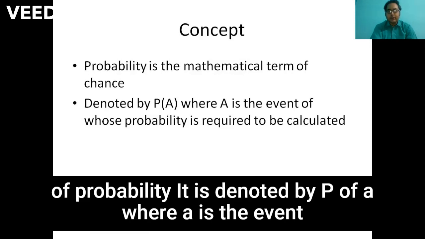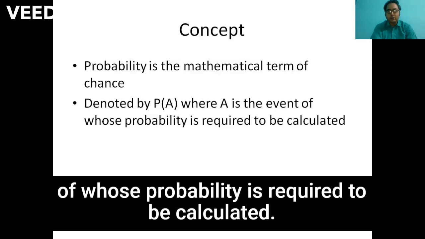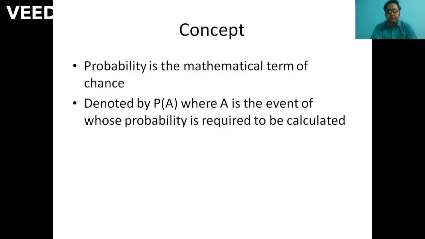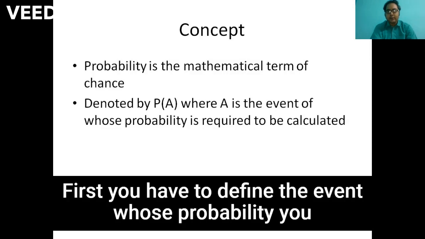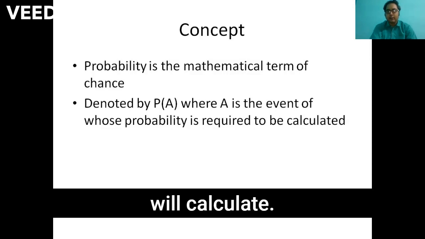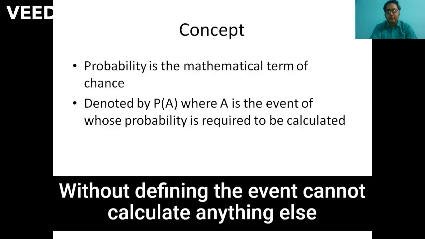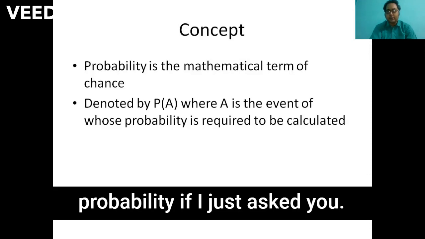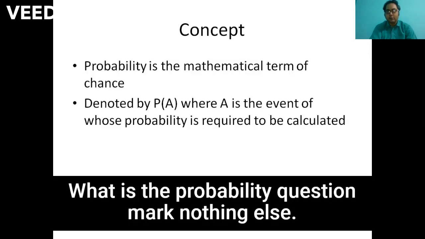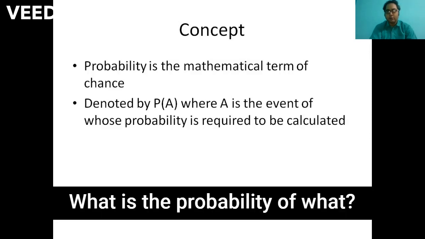It is denoted by P of A, where A is the event whose probability is required to be calculated. First, you have to define the event whose probability you will calculate. Without defining the event, you cannot calculate anything's probability. If I just ask you what is the probability, question mark, nothing else, you would say what is the probability of what?